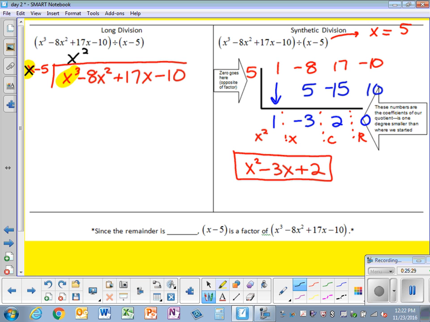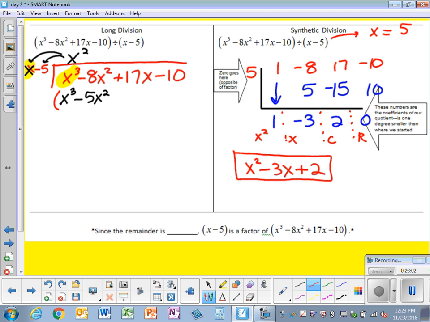So now what you're going to do is take this term, x squared, and distribute it to everything out here. X squared times x gives me x cubed, right? And then x squared times negative 5 gives me negative 5x squared.